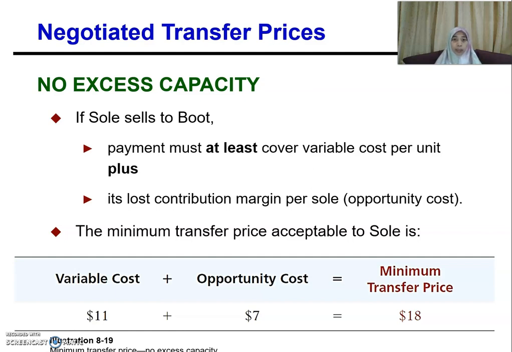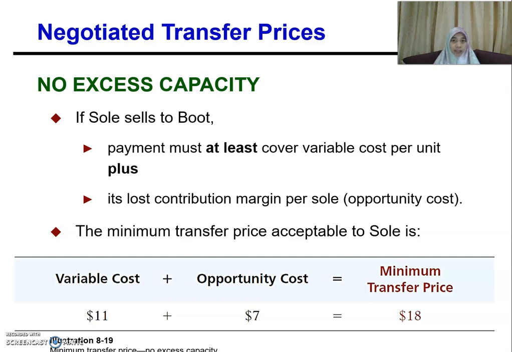If you are operating at 100% capacity, that means all of your assets, all of your capacity, all your labor, all your resources are being fully utilized. If you fully utilize them, you cannot fulfill the new demand that you receive. If you insist on fulfilling that new demand, then you have to let go and sacrifice the current production.